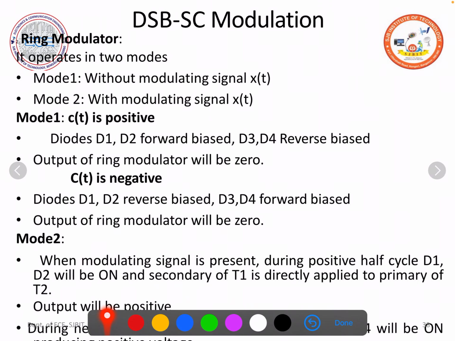So what is a ring modulator? The circuit diagram is shown like this, where you have 4 diodes D1, D2, D3 and D4, an input transformer named T1 and an output transformer named T2. The carrier signal is represented here.